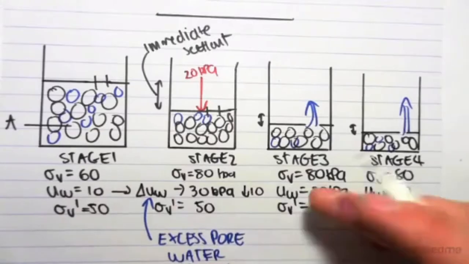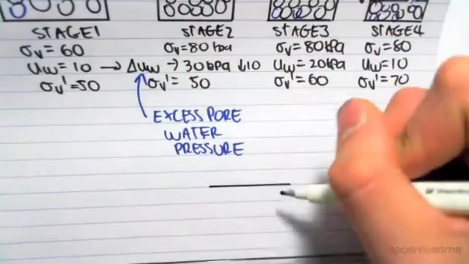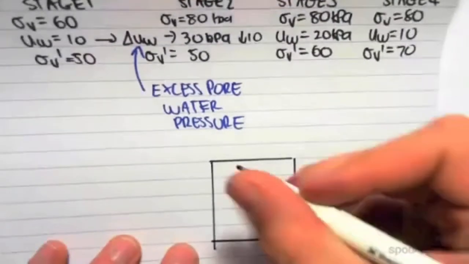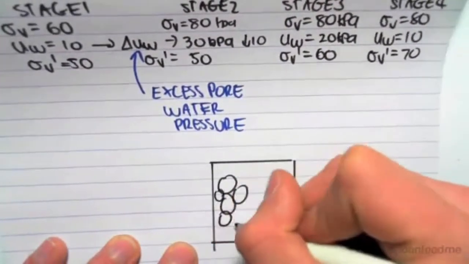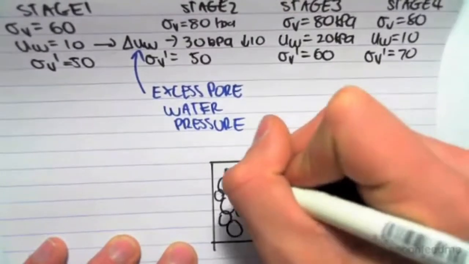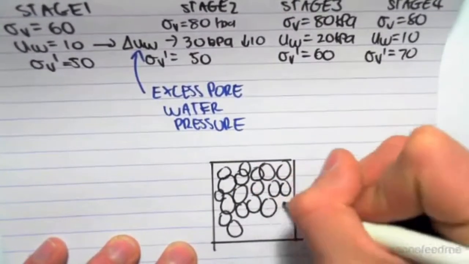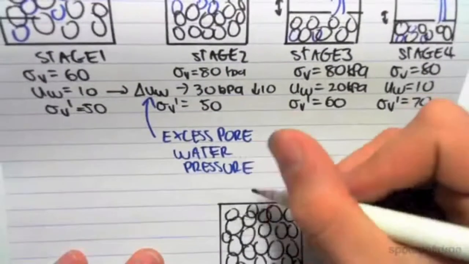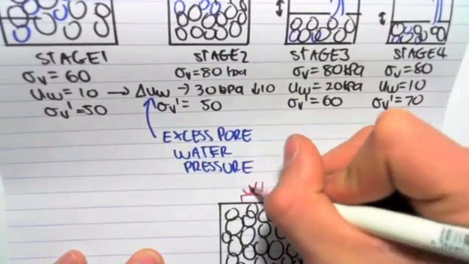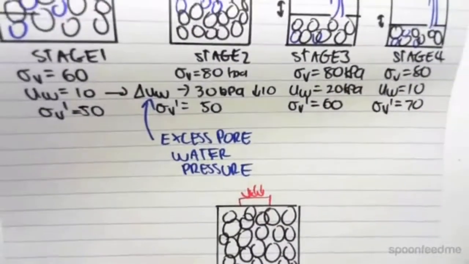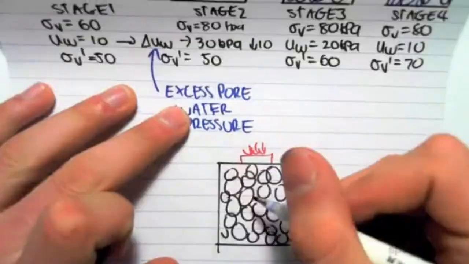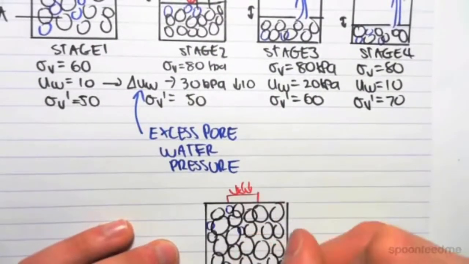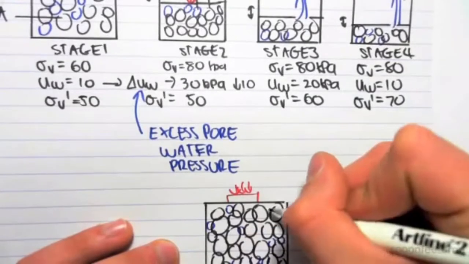And the reason this takes time is, say for example you have clay. So we have a section of clay. Clay has very fine particles. And when we put a foundation on the clay, so we put load on our clay, we're going to get a build-up of excess pore water pressure because of this load, and this pore water pressure takes time to escape.